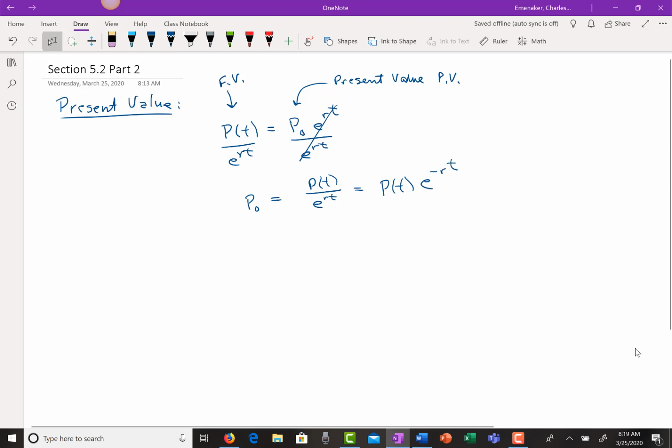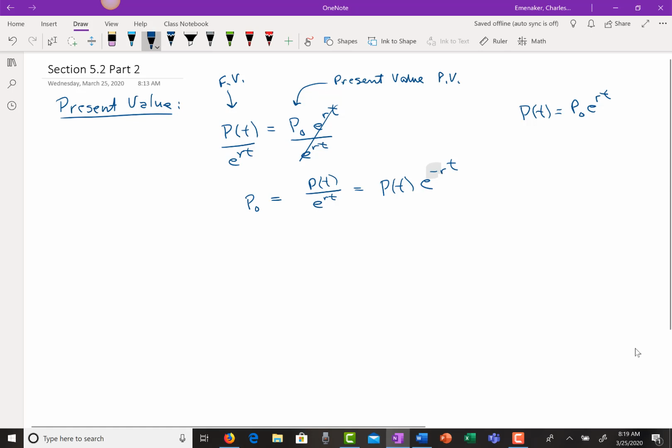Now you've got to be really careful because this formula looks very similar to the future value formula, with the future value formula being P of t equals P0 e to the rt. The only difference between the two formulas is this negative on the exponent. So be really careful when you're writing things down. It's easy to get them mixed up.